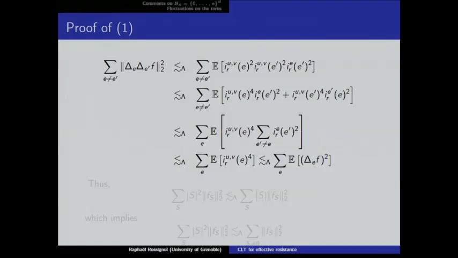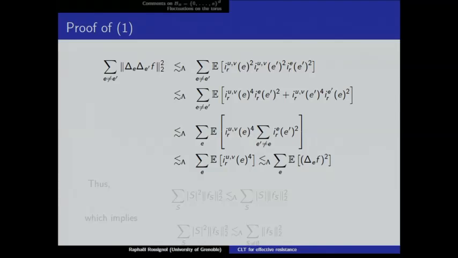Here, these two sums are completely symmetric, so I just have to care about one. Here, I use the reciprocity law. I just have to care about this term. Since this does not depend on E prime, I obtain this.